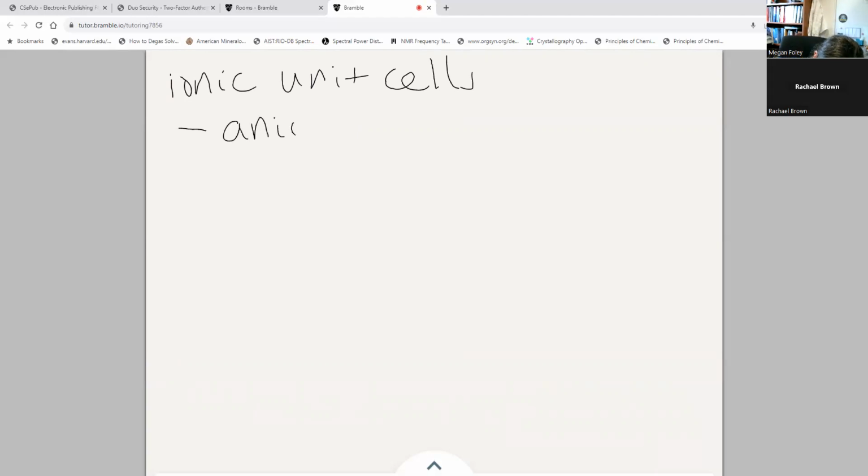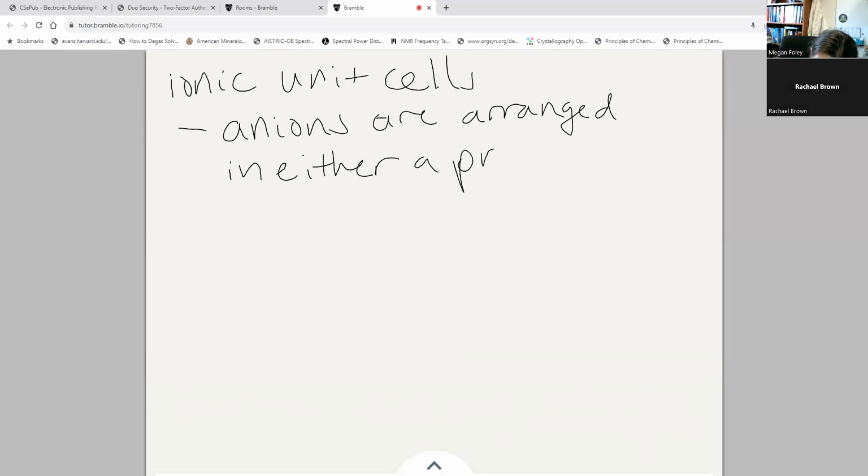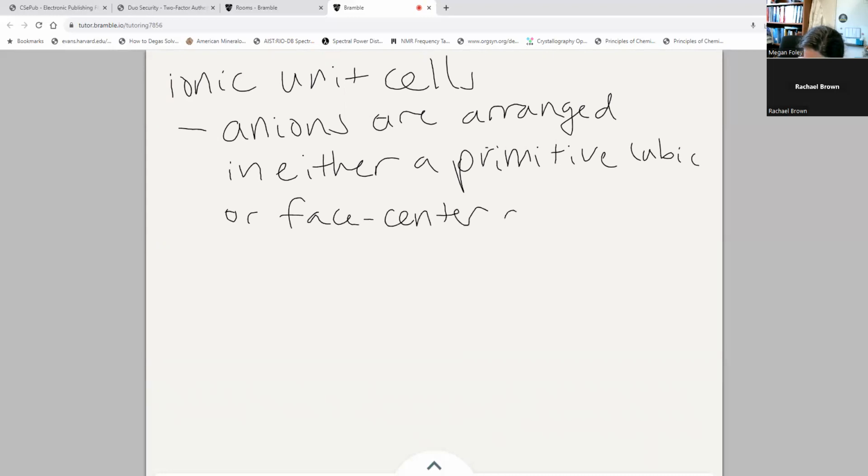So our anions are arranged in either a primitive cubic or face-centered arrangement.